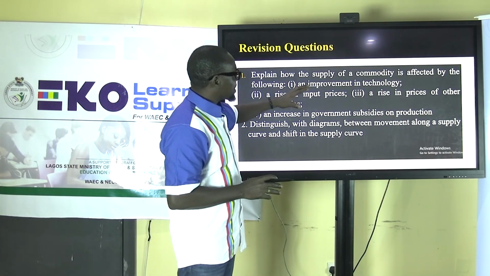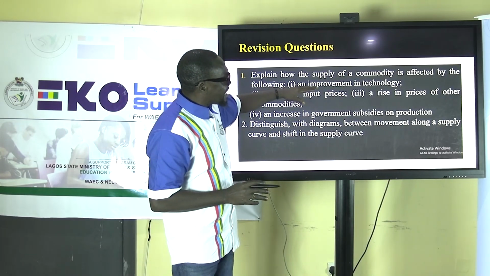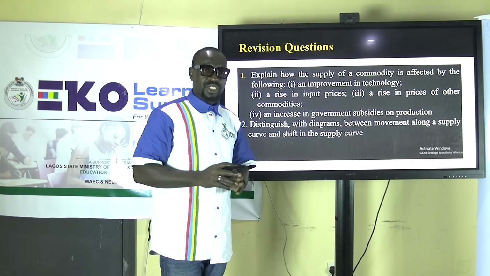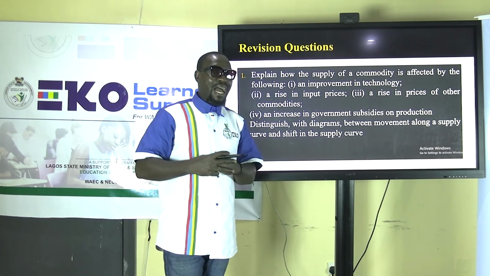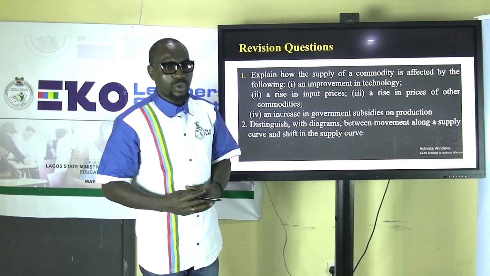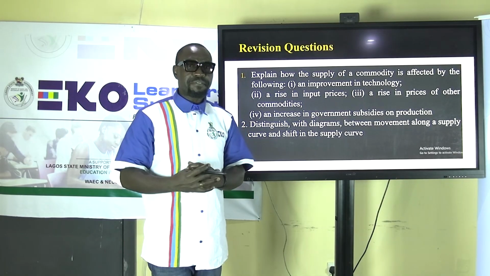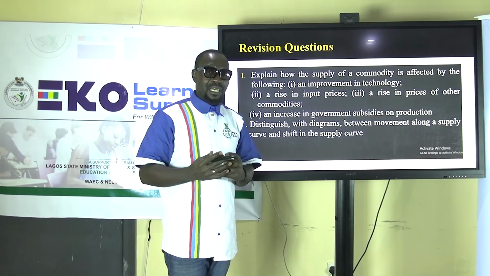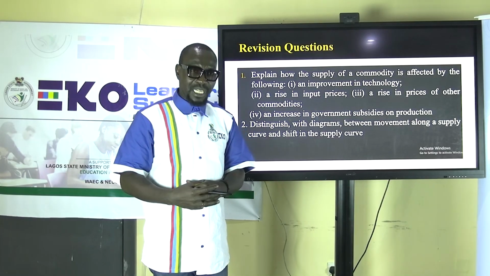So, in the case of technology, the question specifically says improvement in technology. In other words, better technology, meaning you now have machines, for example, to produce. So we can use the example of mechanized farming as different from subsistence, where you use hoes and cutlasses.